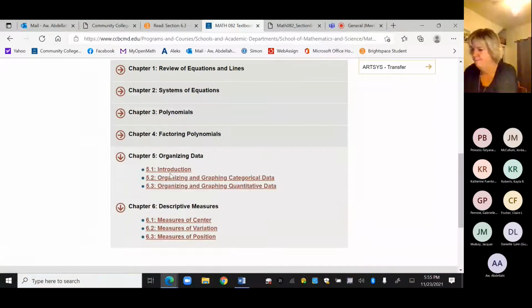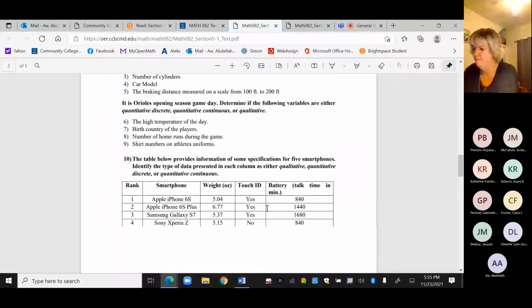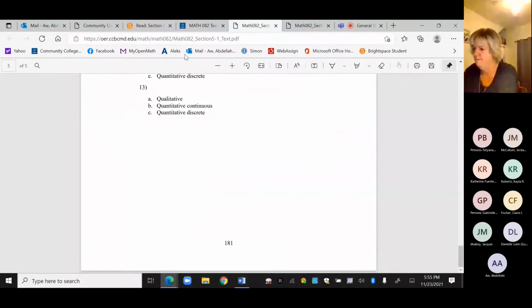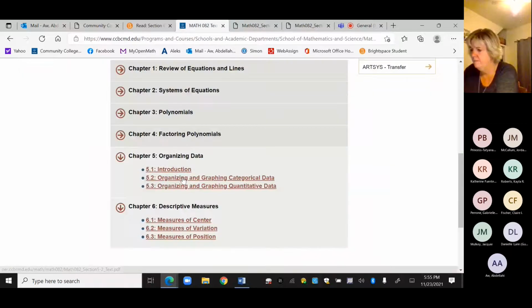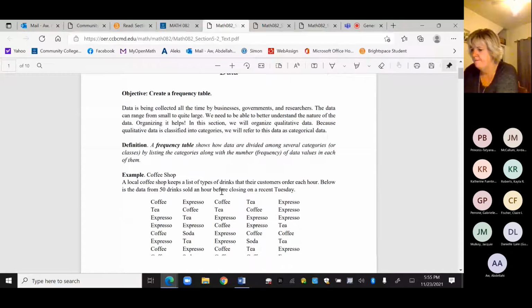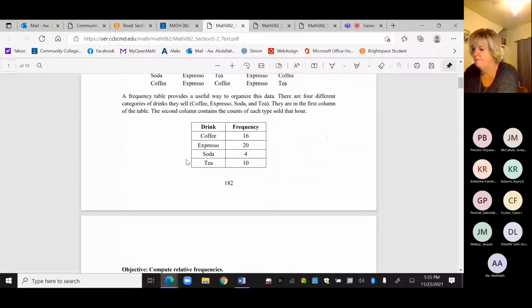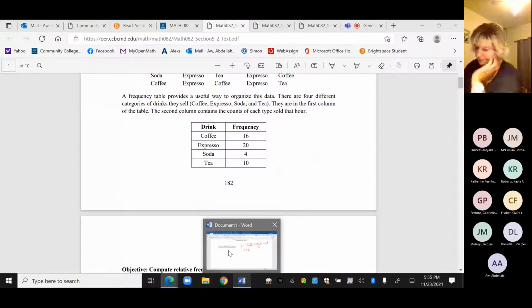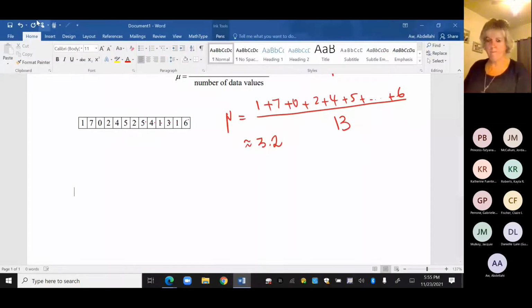Organizing my data, and then I have a frequency table. That is not it. I have a frequency table like this. If I have this one, you ask what is the mean?